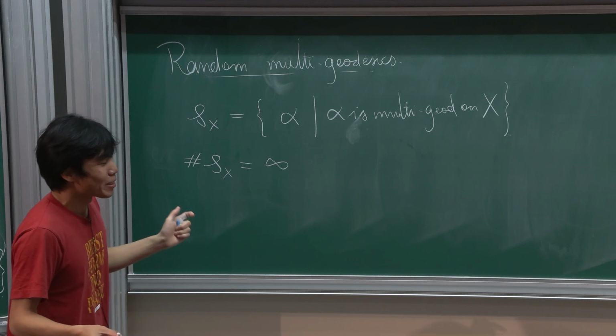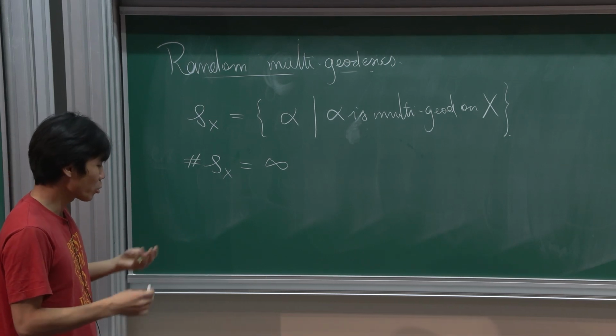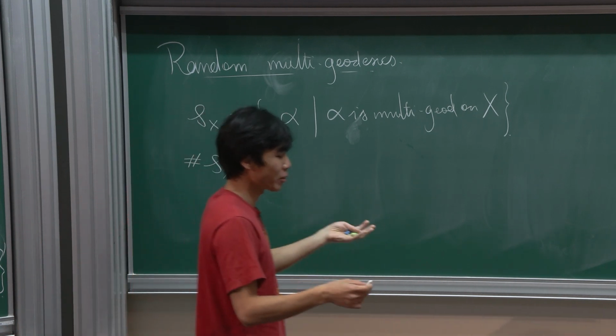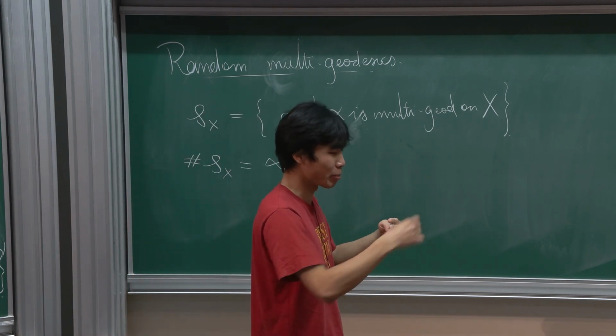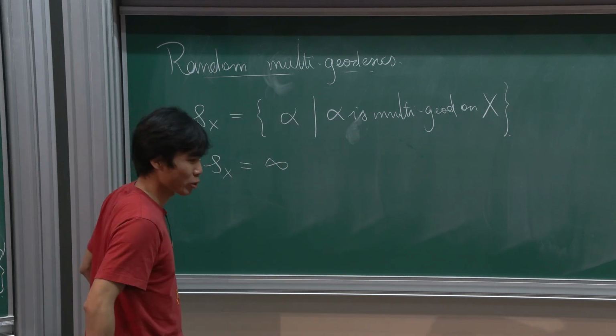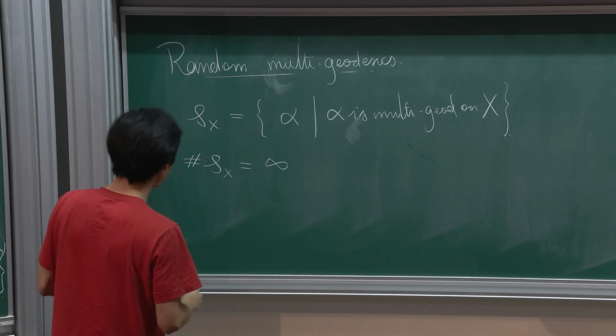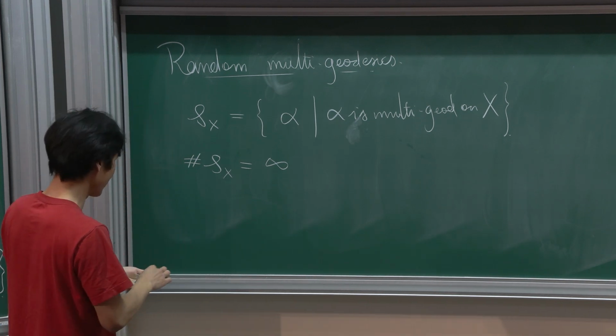But there is a solution even for that question. It's like you don't know how to pick a random integer, but you can pick a random integer between 0 and a billion, because since it's finite, you just put a uniform measure on it, and then you pick one with respect to that measure. So here we'll do something similar, in fact.